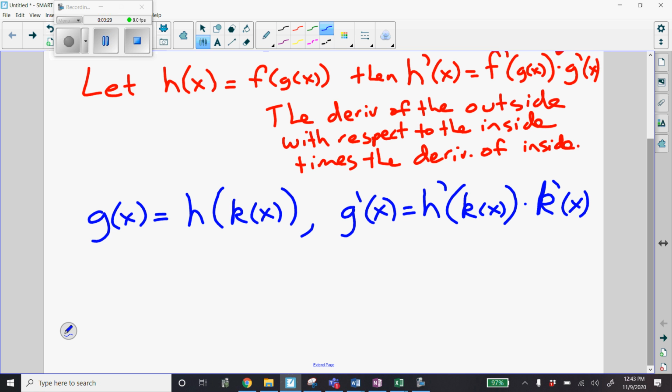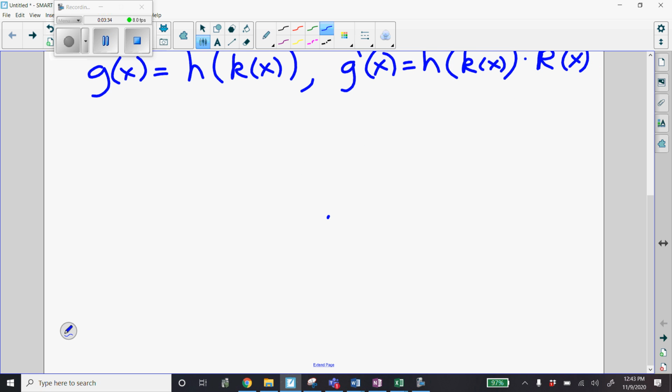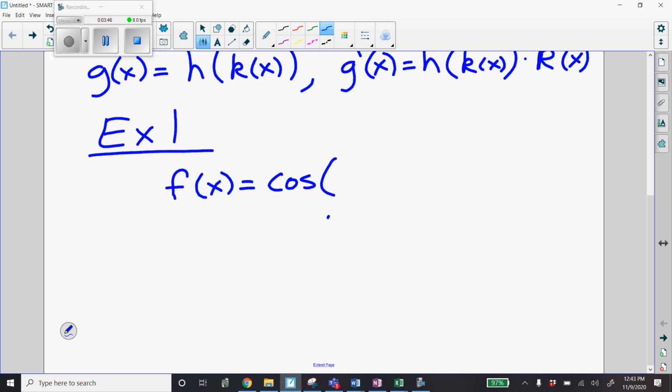So here's example 1. Let f of x equal cosine of 8x squared.